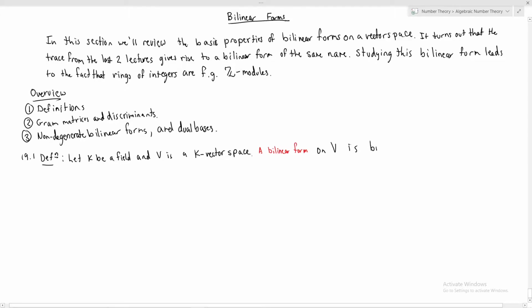So what do I mean by this? A bilinear map psi from V cross V. Maybe it's poor form to use the word you're trying to define in the definition, so I'll avoid that. It's going to be a map from V cross V to the field K, such that basically it's linear in each factor.